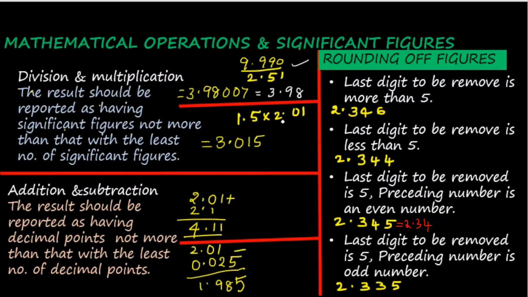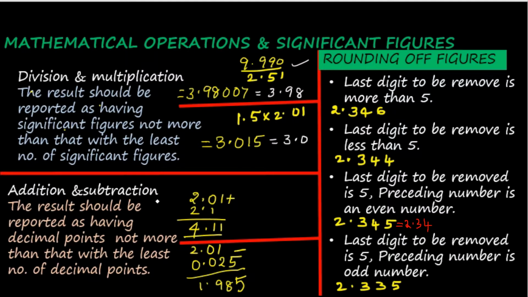Multiplication 1.5 into 2.01. The result is 3.015. Here there is one number with 2 significant figures, another with 3 significant figures. So the answer should have 2 significant figures. That is 3.0. It is not 3, it should be 3.0. If you write 3 only, there is only one significant figure.